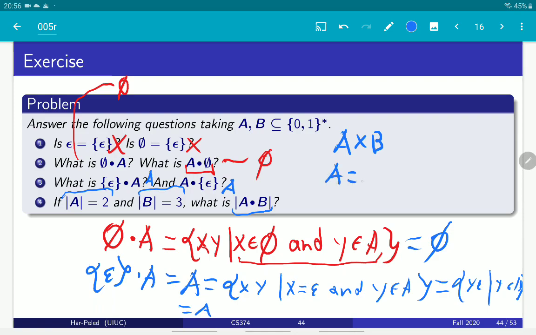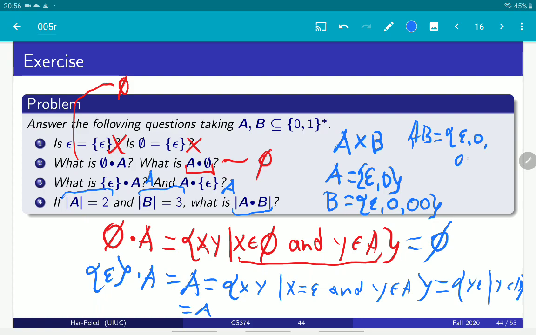So take A, for example, to be epsilon and 0, and B to be epsilon, 0, 00, 000. And if you think about it, the concatenation of A and B is just going to be epsilon, 0, 00, 000, and 0, 00, 000, 0000. Sorry about the mess, I should have prepared more space for this.